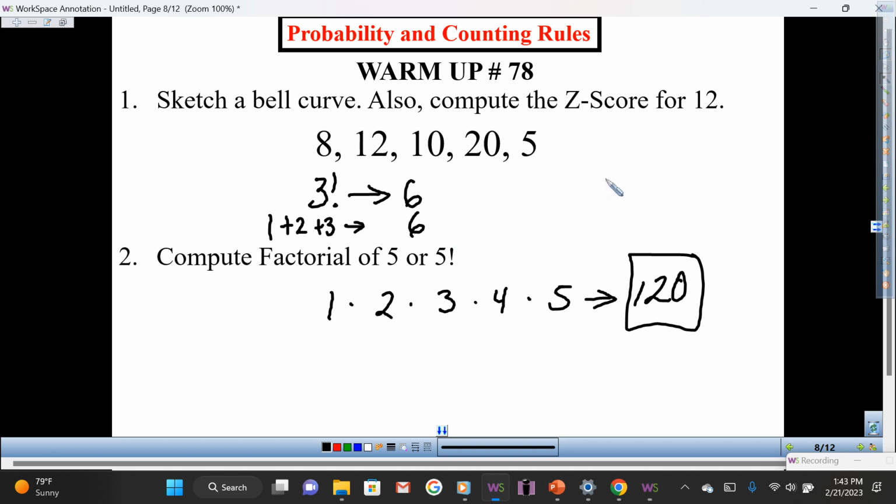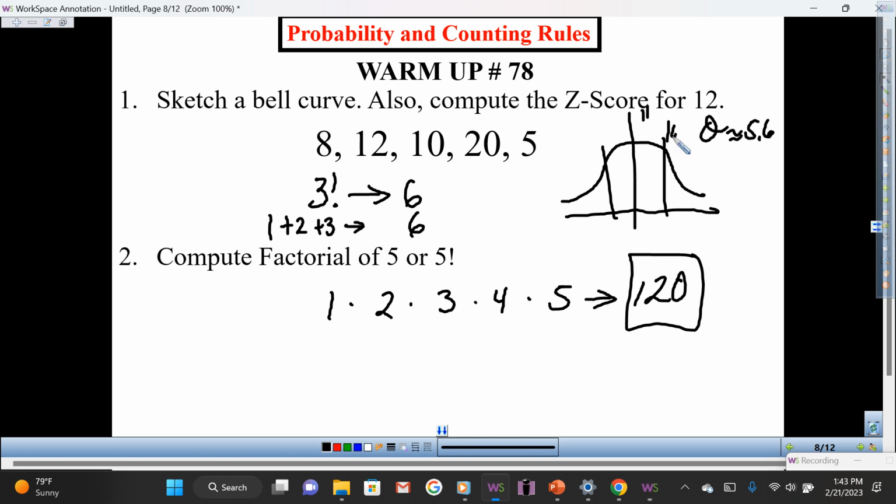So far so good. Let's go to number 1. Pedro, what was the mean? Standard deviation. Samuel. 5.6. So therefore, we're at 16.6 and 5.4.